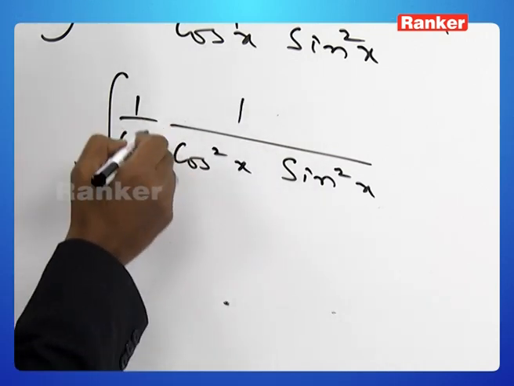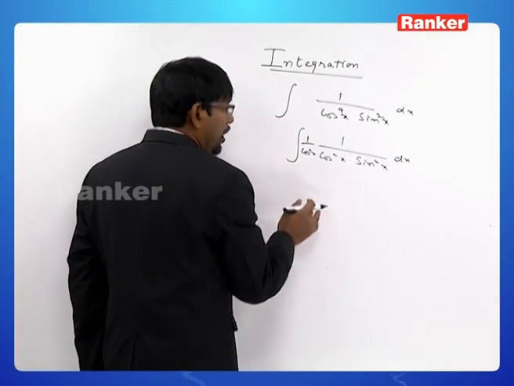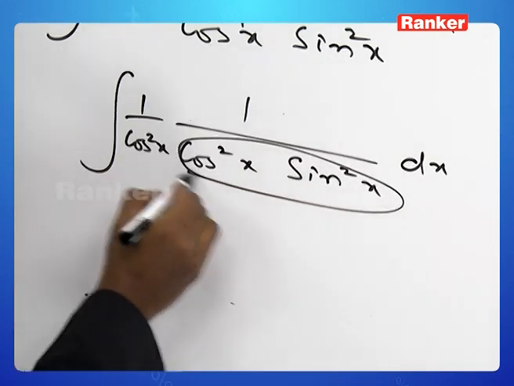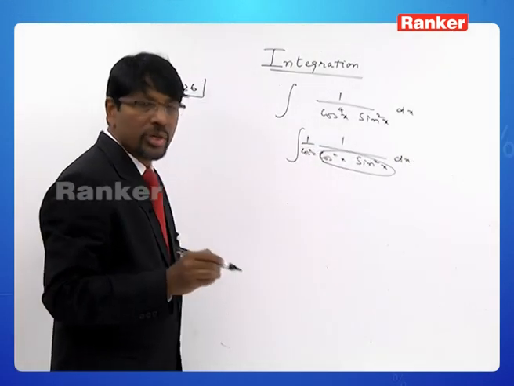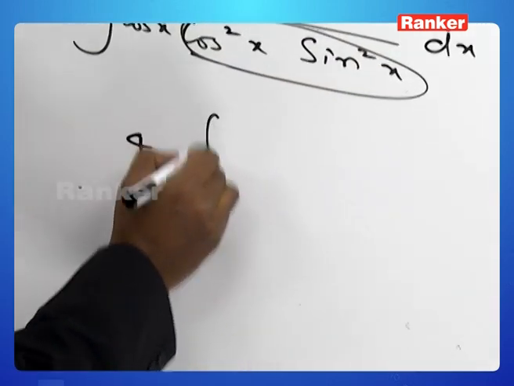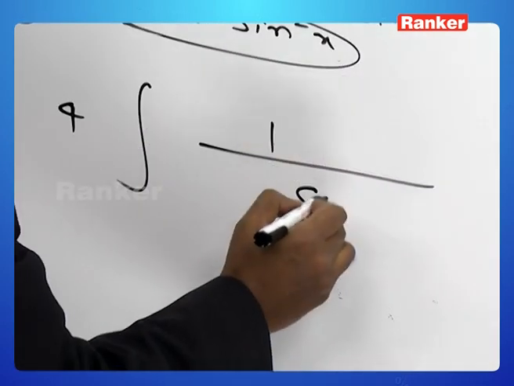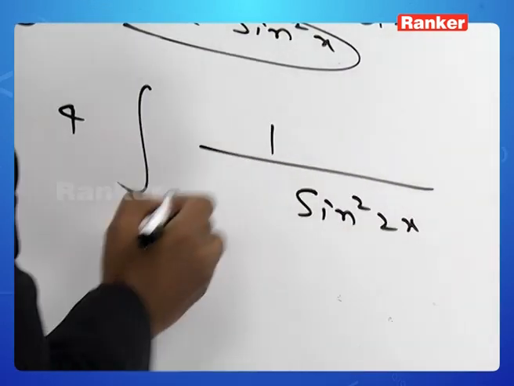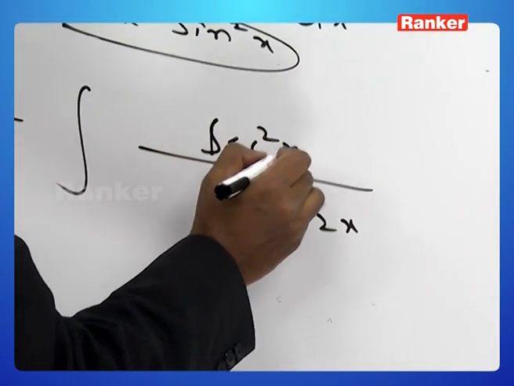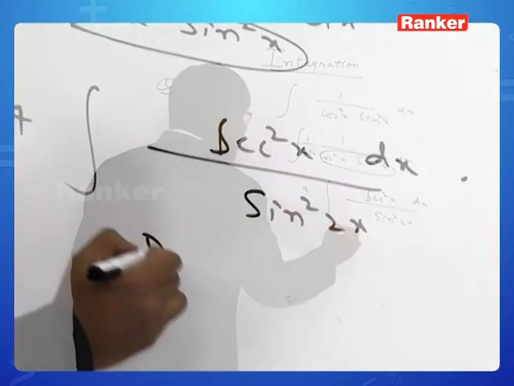This is secant square x, and this sin square x cos square x, we can write in terms of sin square 2x by 4. So we'll write this as 4 into, multiplying and dividing by 4. This becomes sin square 2x in the denominator, and we have secant square x dx in the numerator. Put tan x as t.